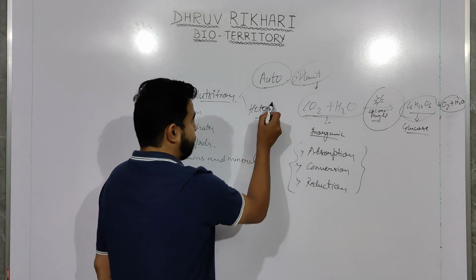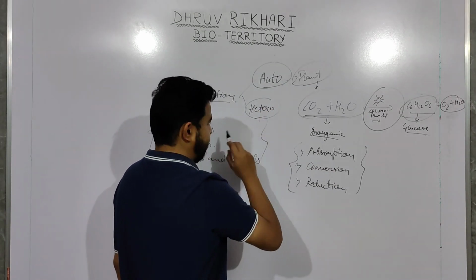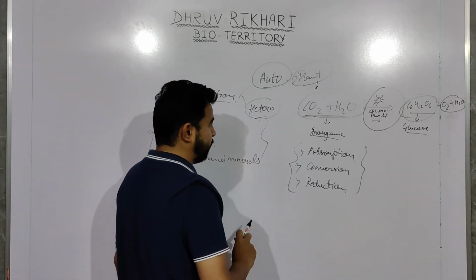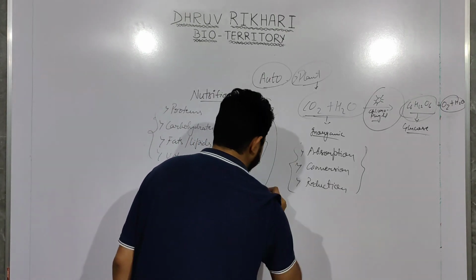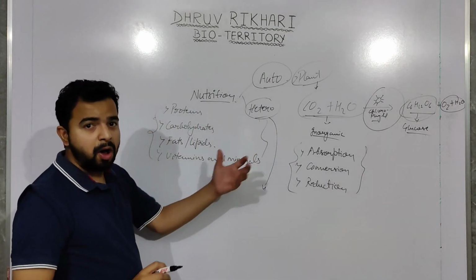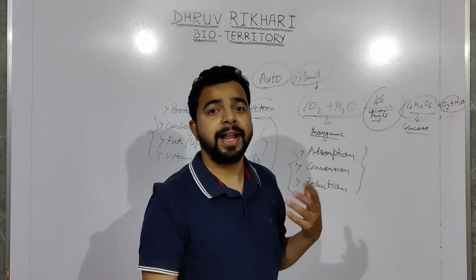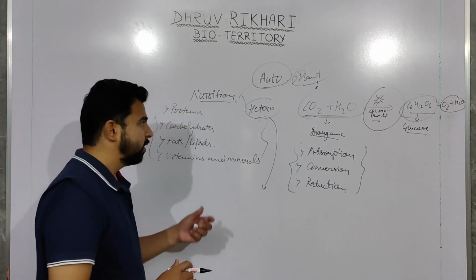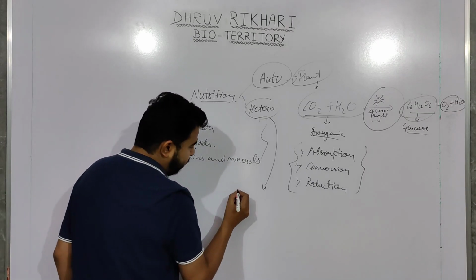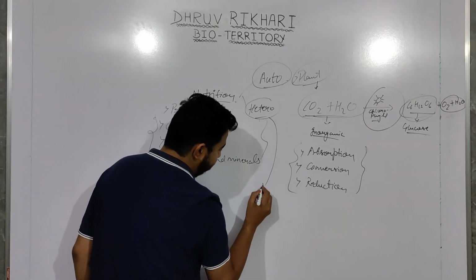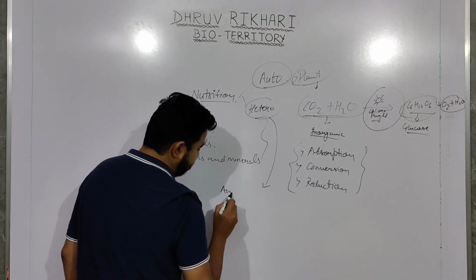Now second, we will talk about the heterotrophic mode of nutrition. And in the heterotrophic mode of nutrition, the organisms are dependent on other organisms for their energy source, right? So here we include animals.